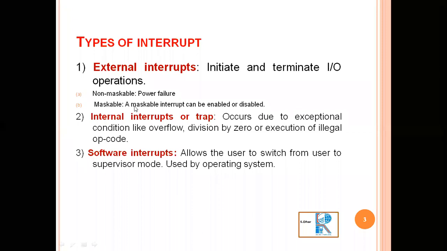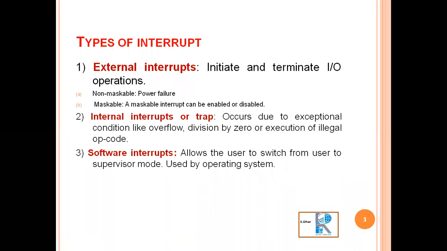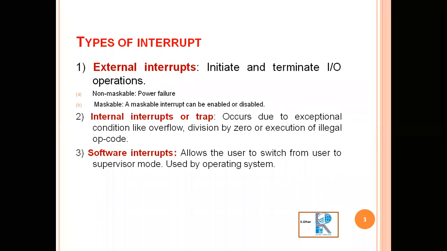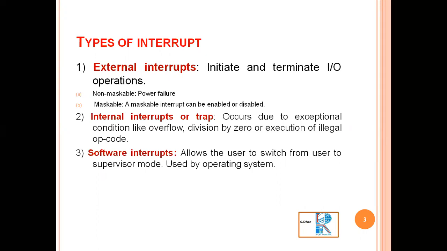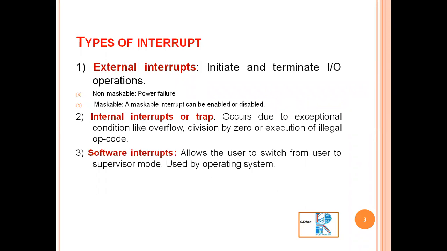So that is called a maskable interrupt. But if the CPU has no privilege to mask some interrupt signal, that is called a non-maskable interrupt. Suppose in the case of a fire alarm or power failure, what happens in the case of the power failure? If there is any failure in the power, the CPU has to take the backup of all its programs or data. And if the fire alarm works, the CPU has to again take the backup of all its data. In this case, the CPU cannot mask the interrupt. Why?